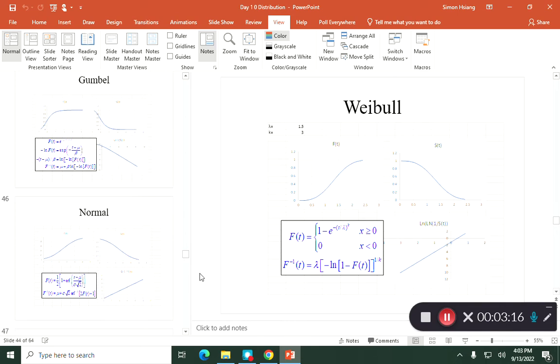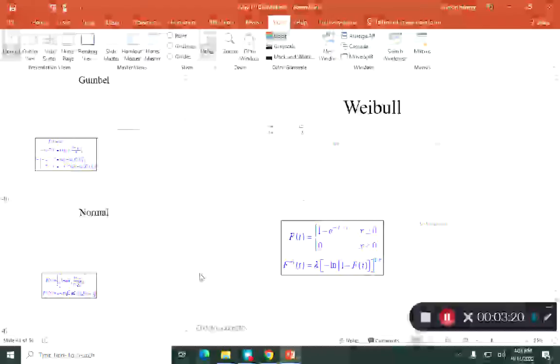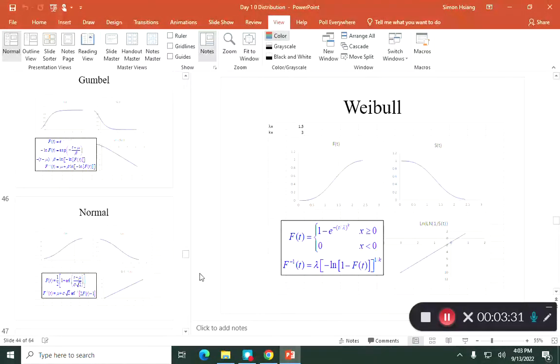And why do we want to linearize this? Because if something can turn into a line, what does that really mean to you? You can take advantage of your DOE using regression. Agree? So we can use linear regression if we know how to linearize it. That's the purpose of this exercise.